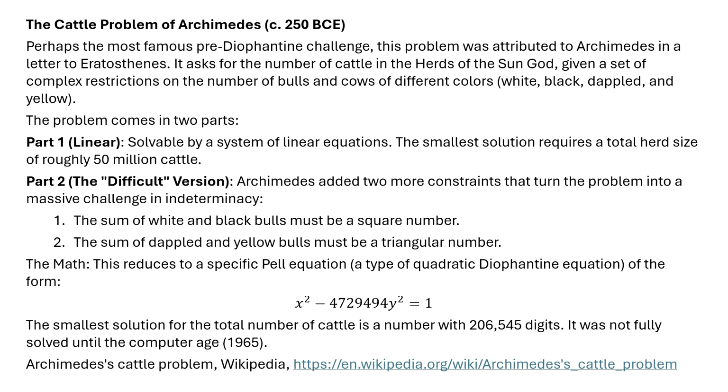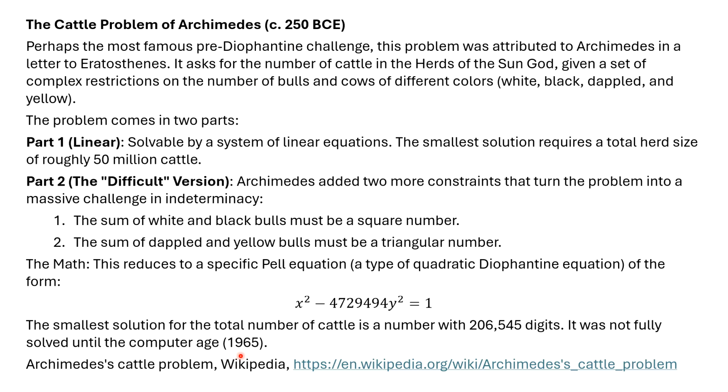I just want to mention another problem to emphasize that even though this type of problem is named after Diophantus, the problem type was known for a long time before. So this example here, the cattle problem of Archimedes, goes back to 250 BC, so many hundreds of years before Diophantus.